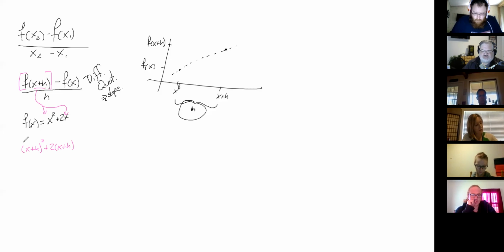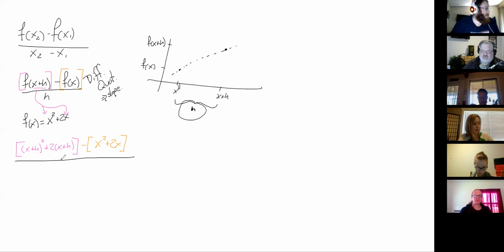And I am going to put big parentheses around that, minus the function itself. So minus this function itself, minus, and we just have the function here, x squared plus 2x. And that's all still just going to be over that nice h.